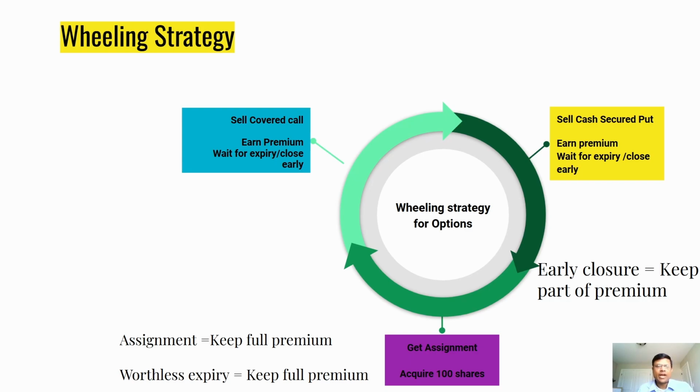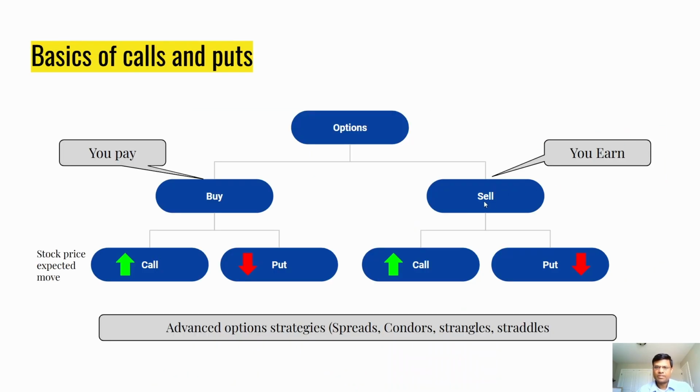One easy strategy that is used by a lot of beginners is the wheeling strategy. As you can see here, the wheeling really starts with selling a cash secured put. So remember this, you can sell a put with the cash that you have.